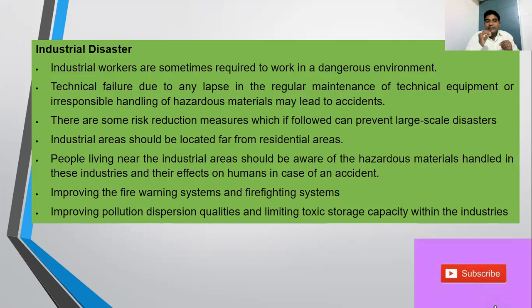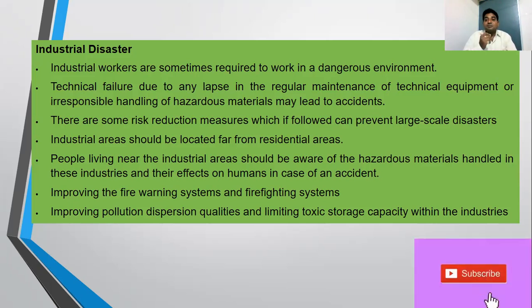Technical failure due to any lapse in regular maintenance of technical equipment or irresponsible handling of hazardous materials may lead to accidents. Even if a small class 4 employee forgets to switch off a particular equipment the day he is leaving, by tomorrow morning it can cause a great disaster.